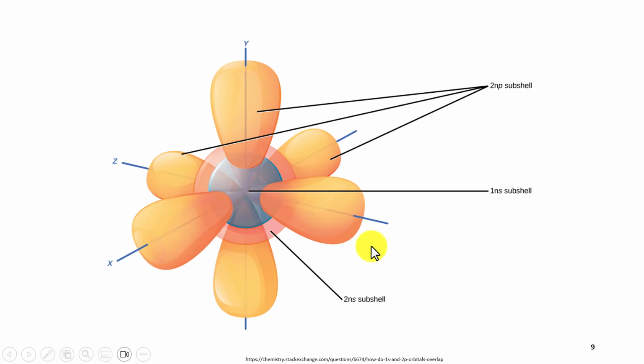And you can then imagine that the 3s, first of all, is going to be a bigger sphere, larger than the 2p orbitals. And then the 3p orbitals are going to come outside of that 3s orbital, and so on and so forth.